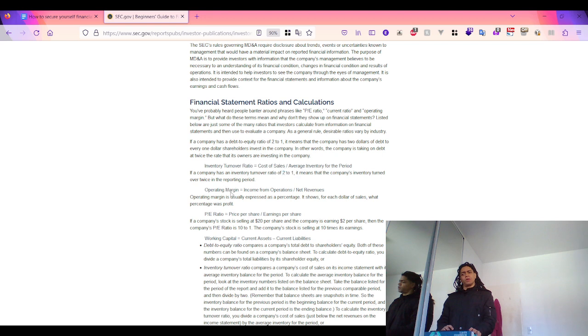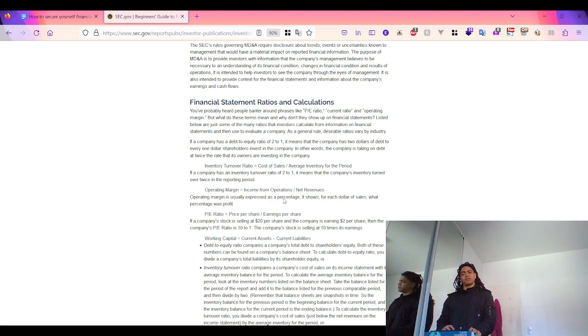Operating margin is equal to income from operations divided by the net revenue. This makes a lot of sense. If you want to know, from the net revenue, the total amount of revenue, which part actually comes from the operations.